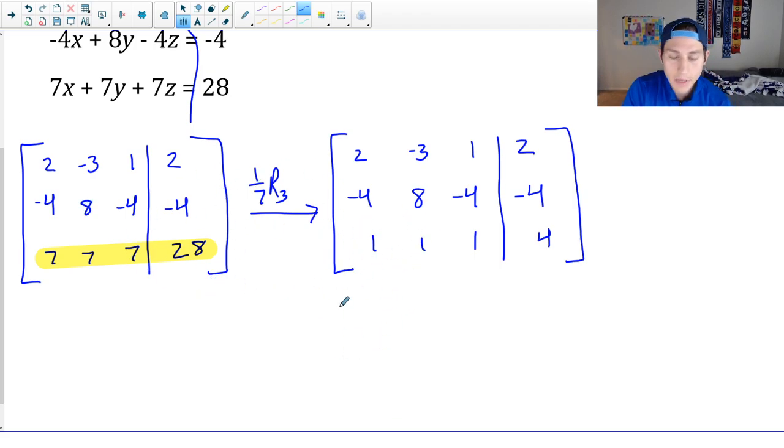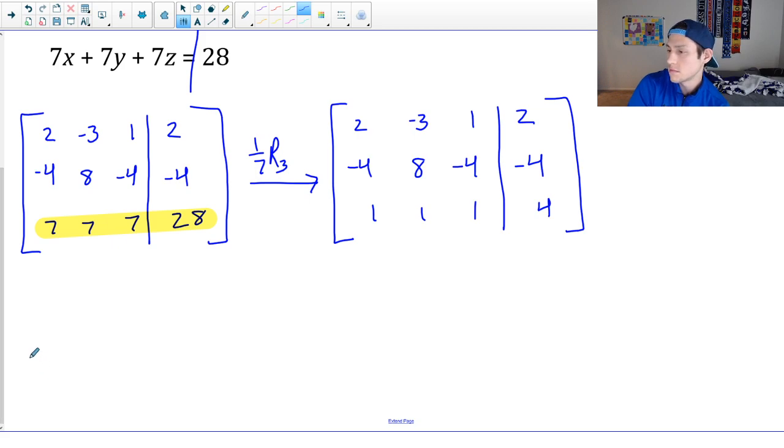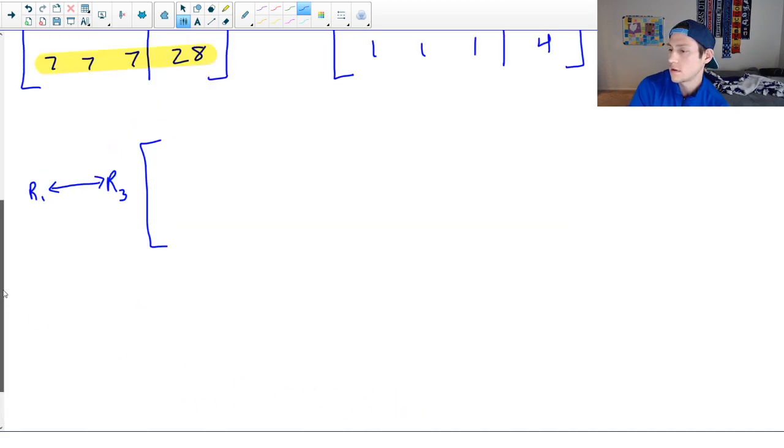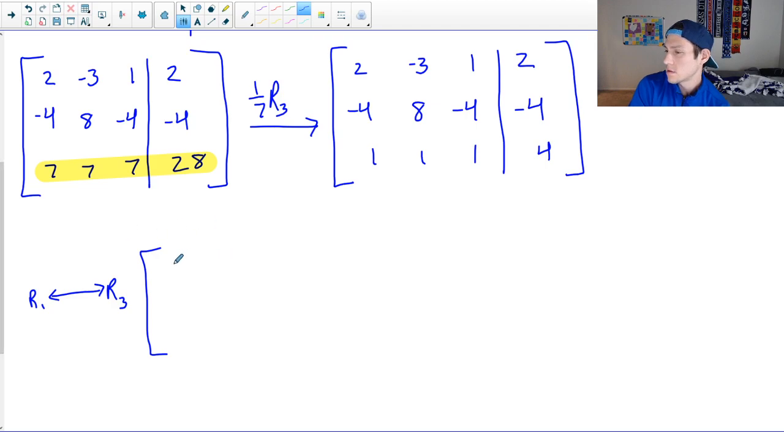Now I did that because, one, it makes smaller, simpler numbers, but also it means I have a 1 here. And remember, one of our row operations is to switch the places of rows. So let's switch row 1 and row 3. Now the top row is 1, 1, 1, 4.